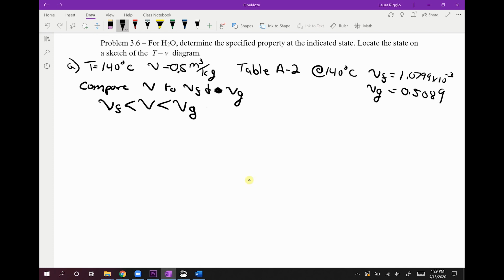And if I am between these two numbers, I am in the two-phase liquid vapor dome. And the property I was trying to find was my pressure. My pressure is going to be equal to my saturation pressure, which is equal to 3.613 bar.